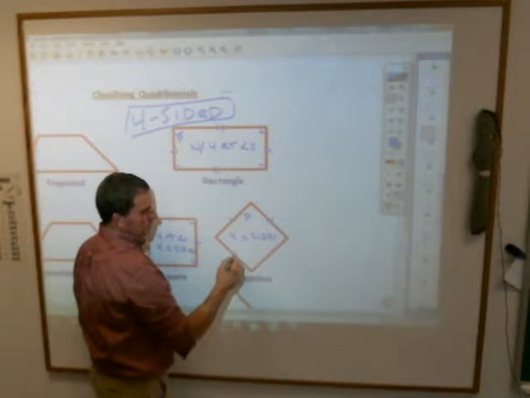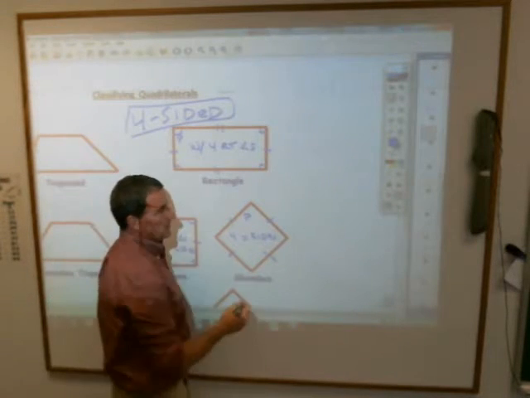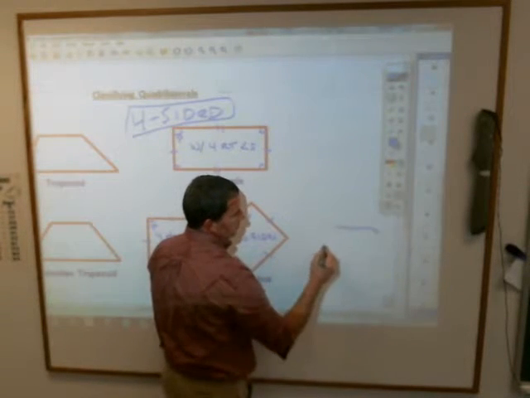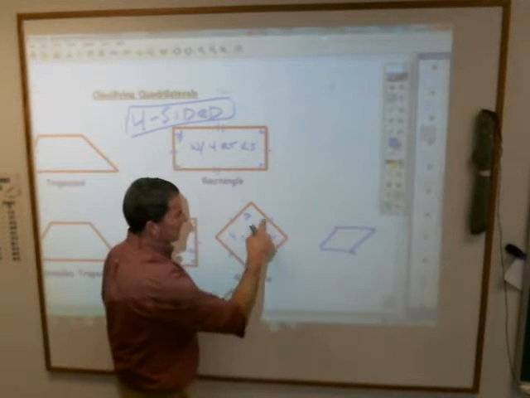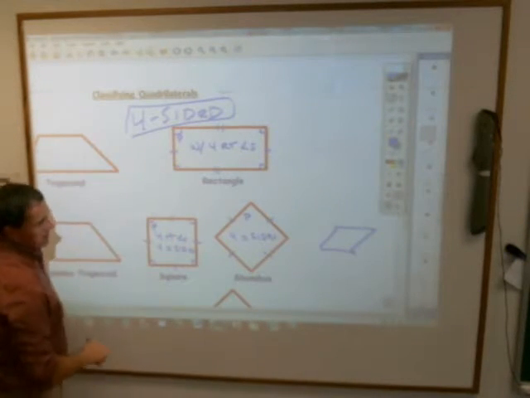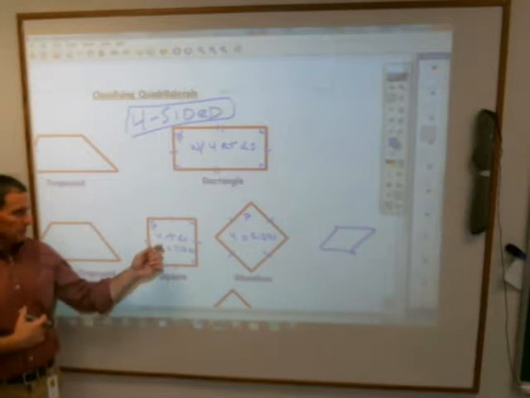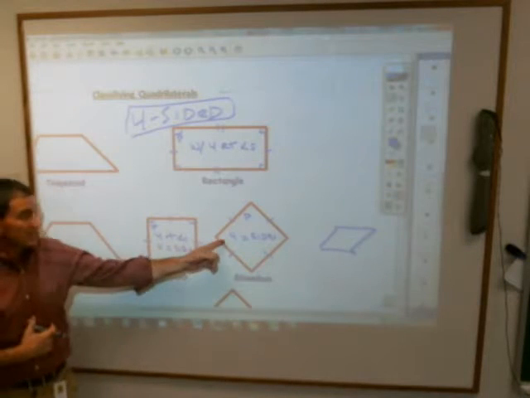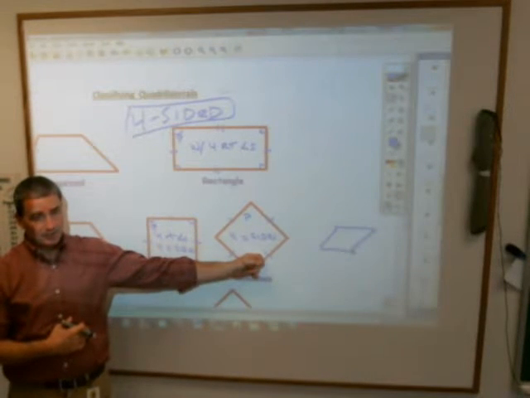Usually when somebody draws a rhombus for you, it's more squished and more slanted, kind of like this. So it's pretty obvious that these are not right angles. Are all squares rhombuses? Yes, because all squares have to have four equal sides, and that's the only definition to make something a rhombus.